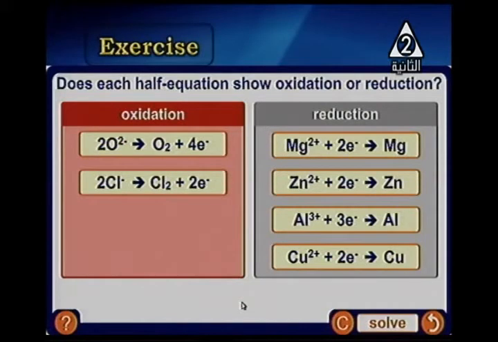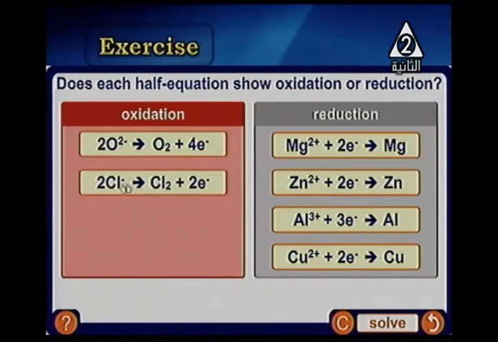Concentrate with me very well here, to know the difference between these 2 halves of the equation and not mix them up. We have 2 Cl negative, for example, in this one. Cl means ions of chlorine found in HCl, for example, hydrochloric acid, NaCl solution, anything of this. And here we have the electric energy or chemical energy between them. So here we have Cl2 by losing 2 electrons from these ions, at the cathode.